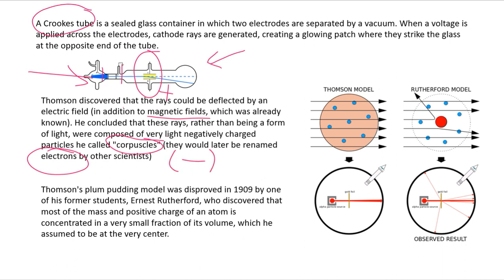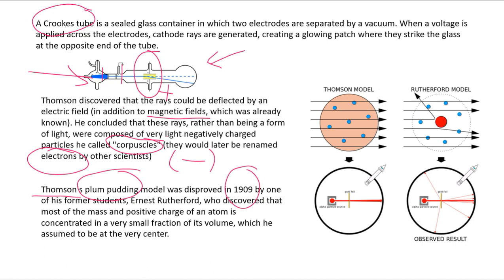The model that Thomson proposed about the atom is known as the plum pudding model. It was in 1909, in the 20th century.